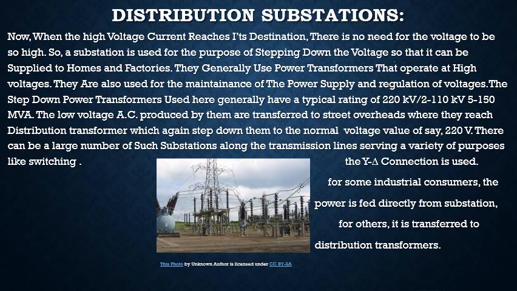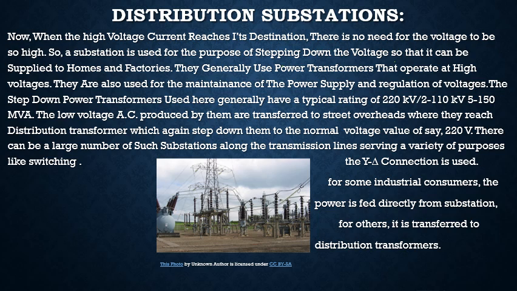The next step is distribution substations. Now distribution substations are those areas in a power grid which receive the power that is sent by the transmission lines. They generally use power transformers to step down the high voltages.